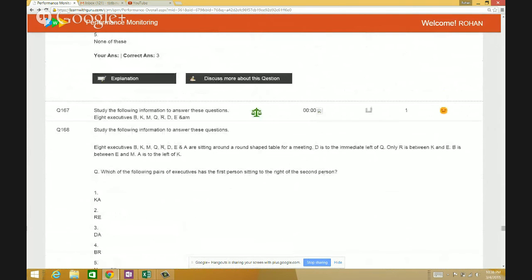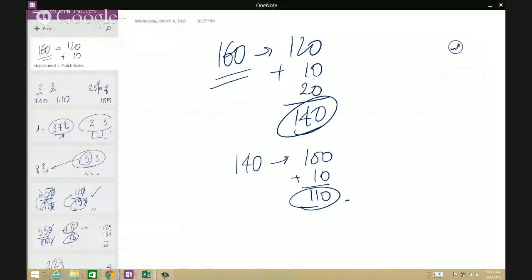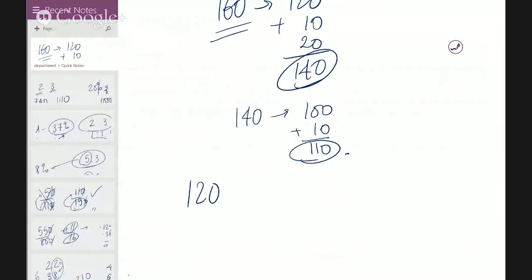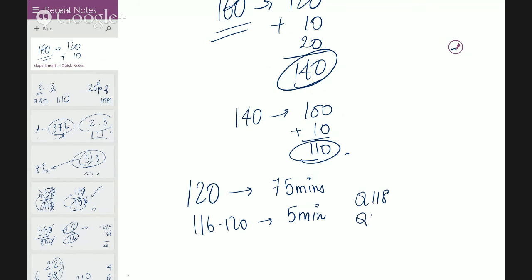The intention here is, if we can do 120 questions at the start, which I just mentioned, in this case we have 125. If you do those questions in a matter of 75 minutes, the best part is for a DI set like 116 to 120, you get 5 minutes for the entire set. Questions 118 and 119 are so easy that you can solve them in like 10 seconds per question.